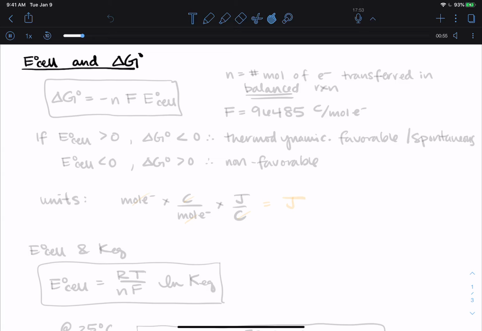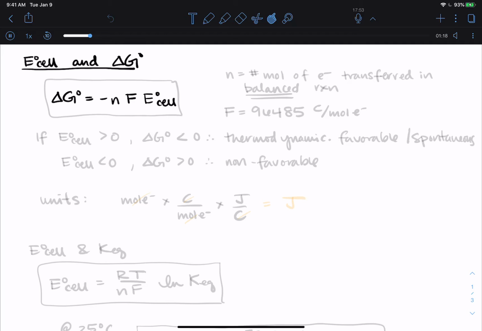So just starting with an equation to connect our standard delta G to the cell potential, it's negative N capital F, which I'm going to give you a value for, times the standard cell potential.